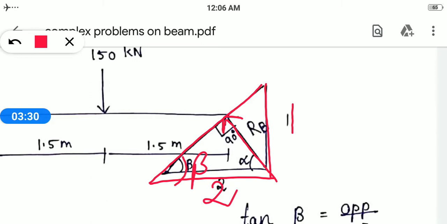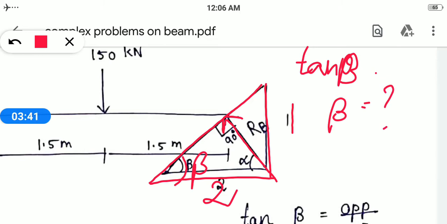With opposite and adjacent sides, we can use tan beta, and you can find the beta value from that.